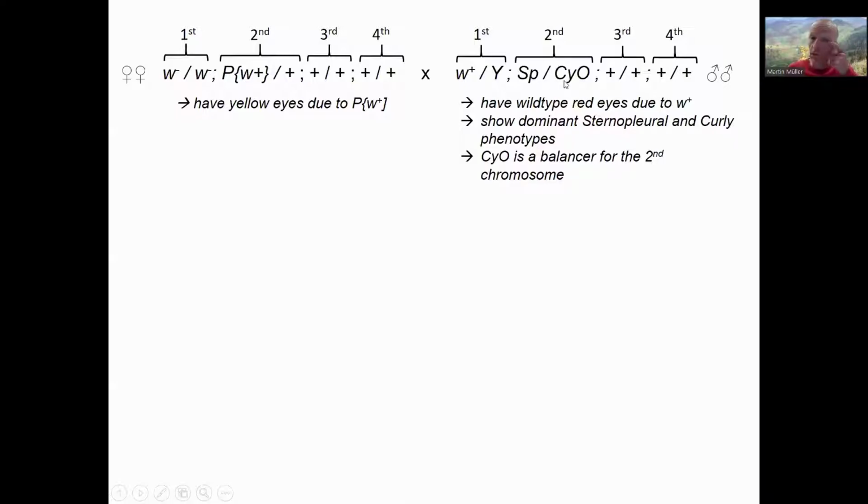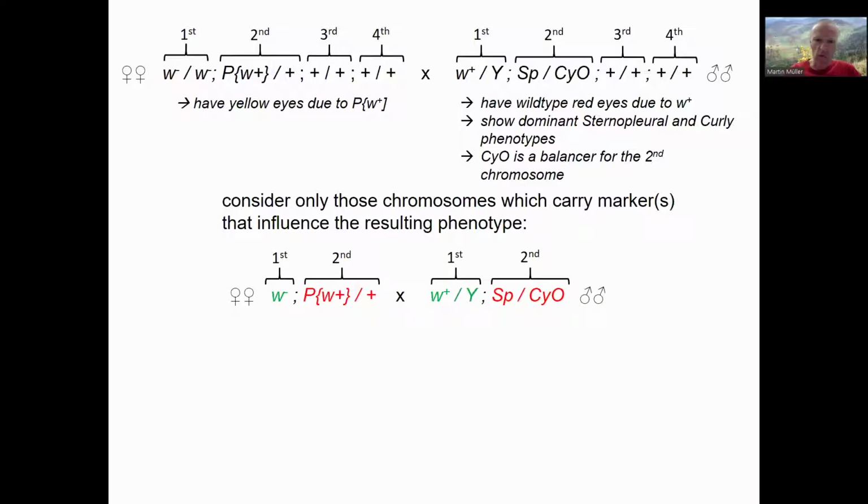So the dominant marker is Curly. It would be stupid to take all the chromosomes along in the cross, so consider only those which are important for the outcome of your genetic cross.